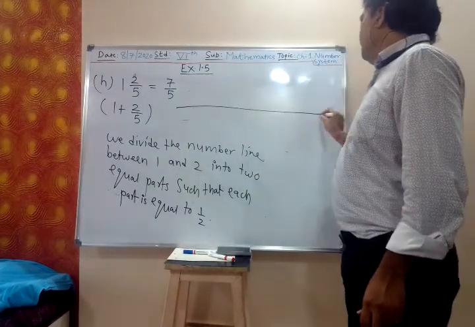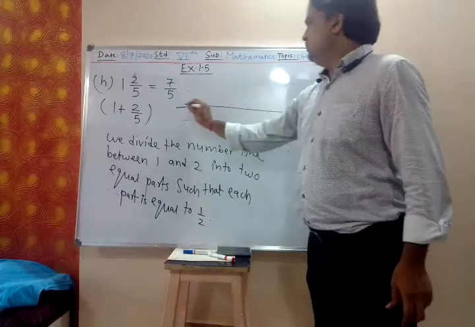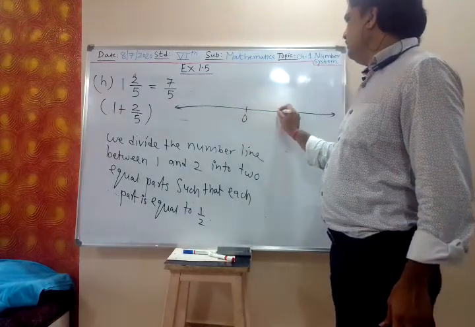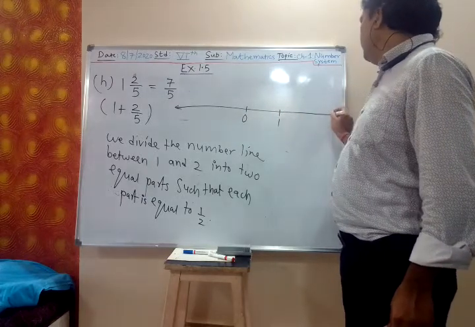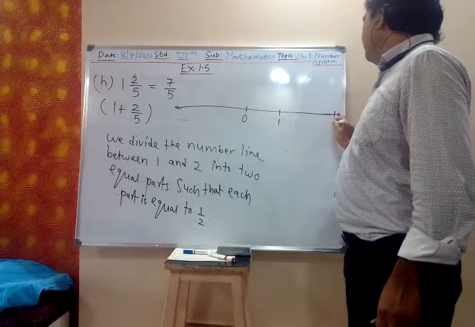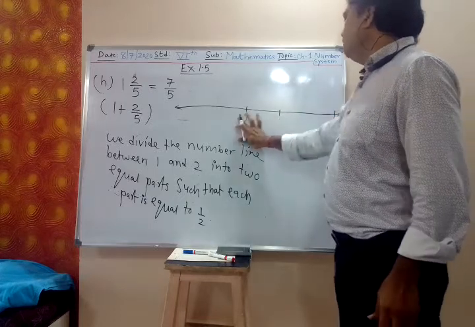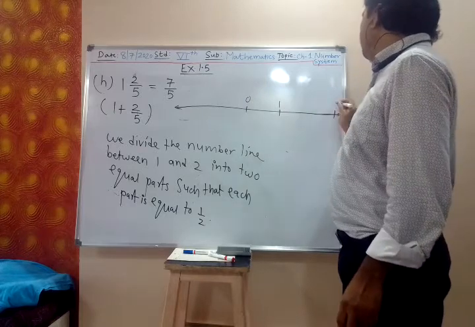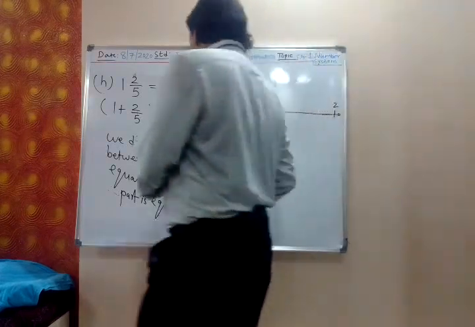Let me continue. I will divide the number line between 1 and 2 into how many equal parts? Now tell me, what is the denominator?